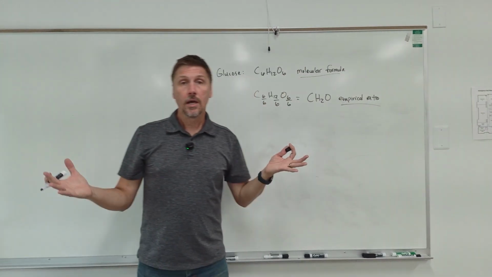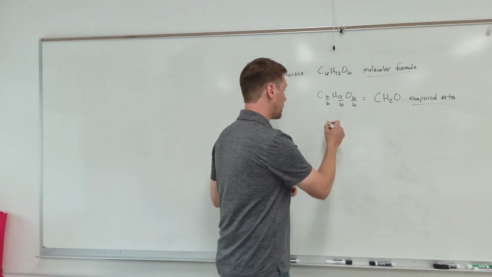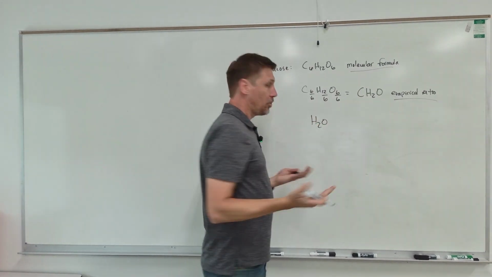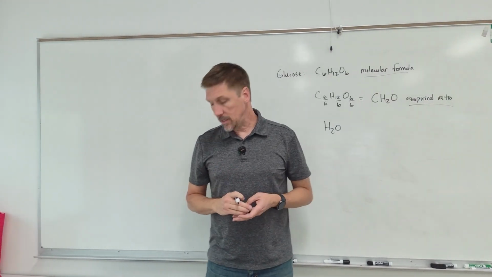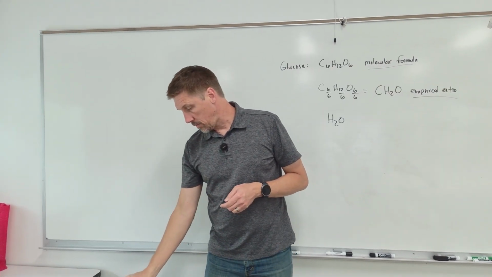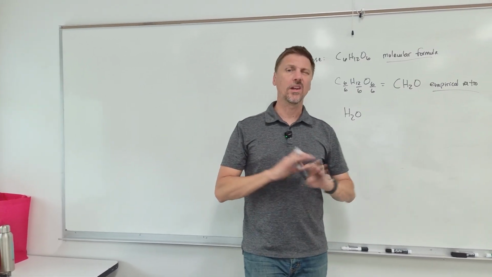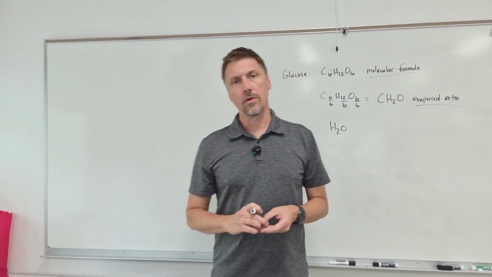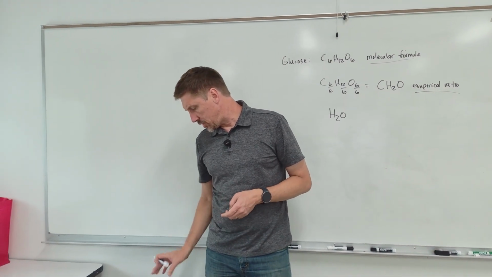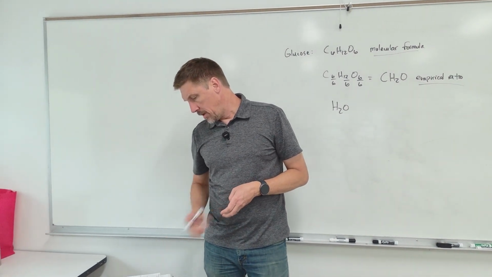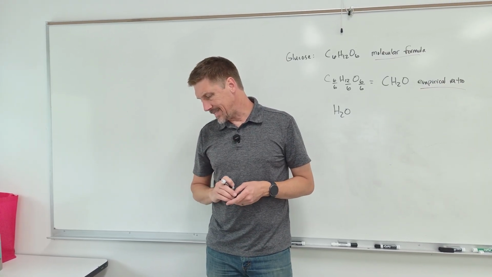Now, sometimes a compound's molecular formula is its empirical formula. For example, with H2O, we can't simplify that any further. So that is both the molecular and the empirical formula for water. Also, ionic compounds are always already in their empirical formula. There's a picture on page 234 that shows the way that ionic compounds bind together.